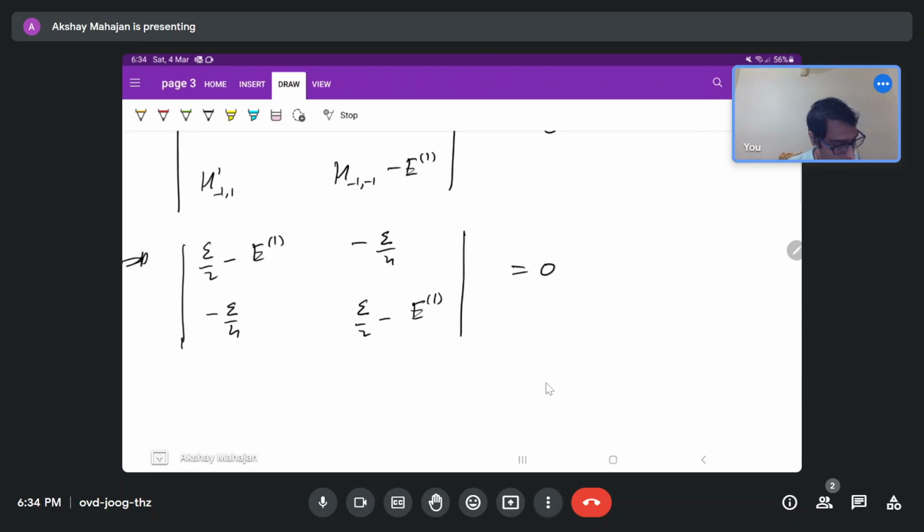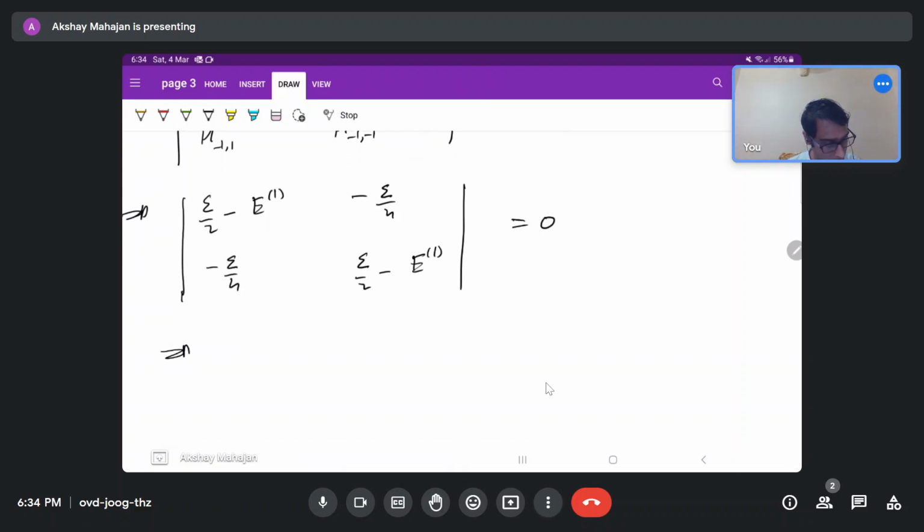So we have epsilon by 2 minus first order energy correction, minus epsilon by 4, minus epsilon by 4, and epsilon by 2 minus first order energy correction. Then again we will get this kind of quadratic equation: this whole square minus epsilon by 4 whole square equals 0.